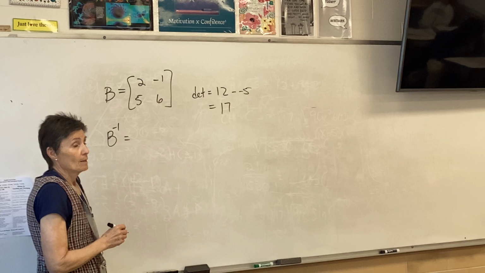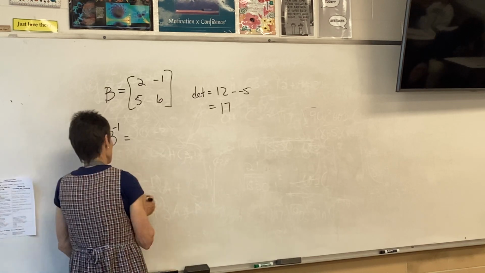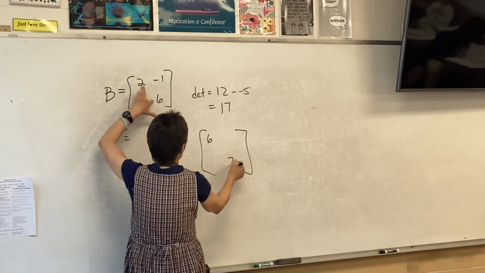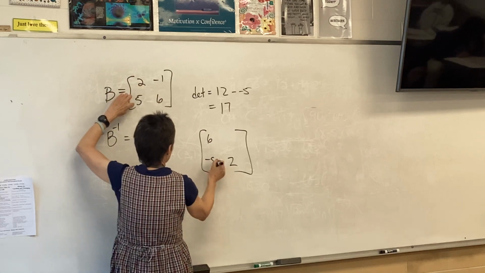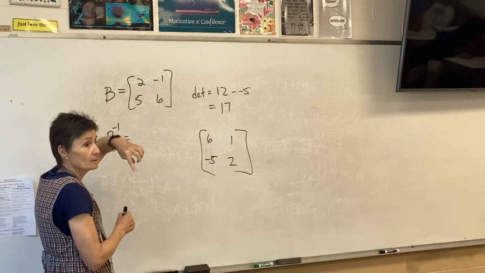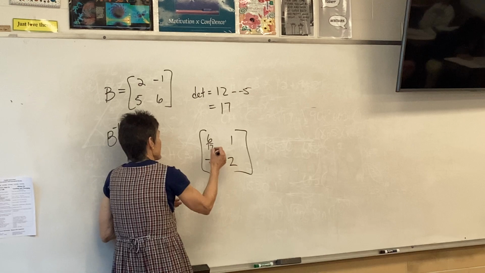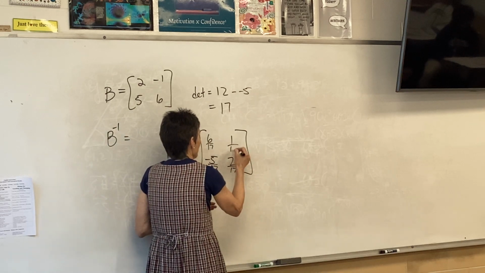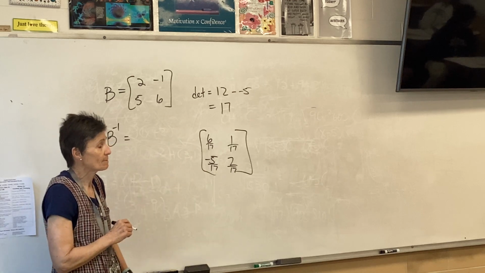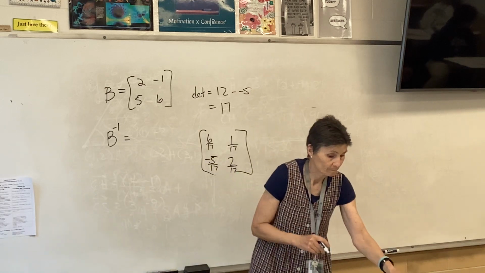Then I make a new matrix by flipping these two, making that negative and making that one positive. Then I put all of these over 17, and that would be the inverse. If there's anything to simplify, I simplify it. Otherwise, I don't.